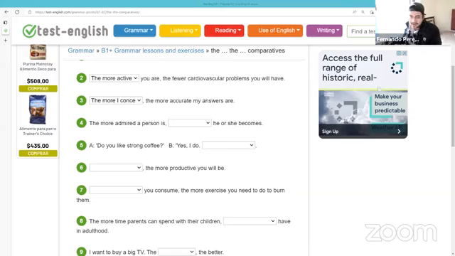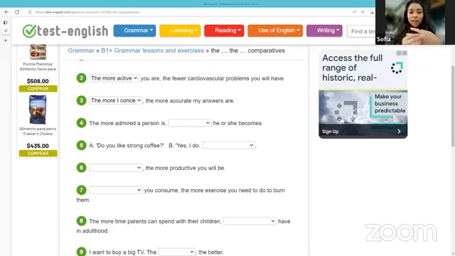Number 4, Sophie. The more admired a person is, he or she becomes.